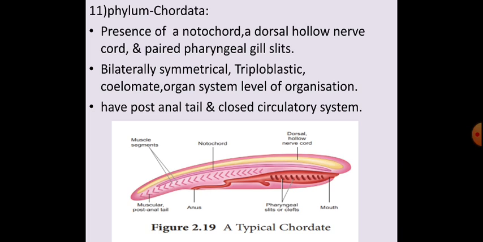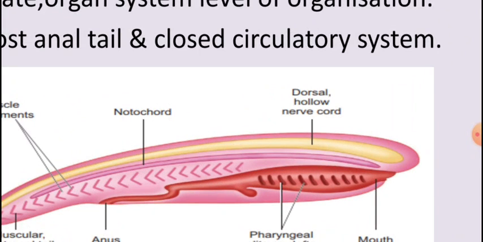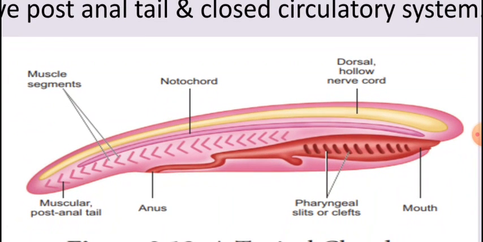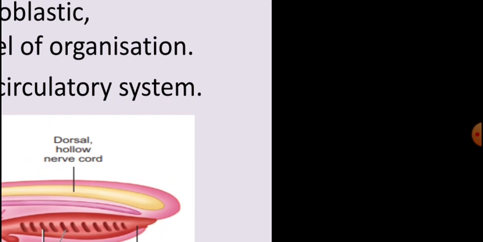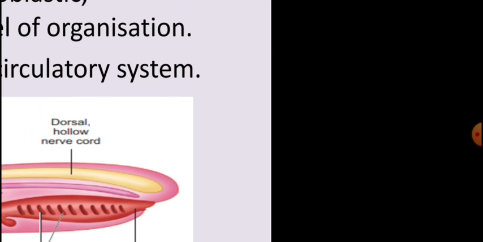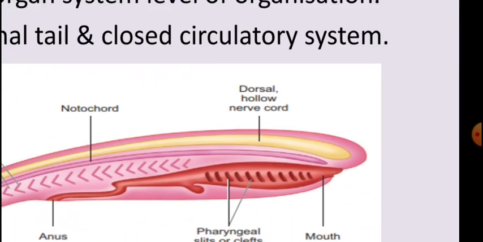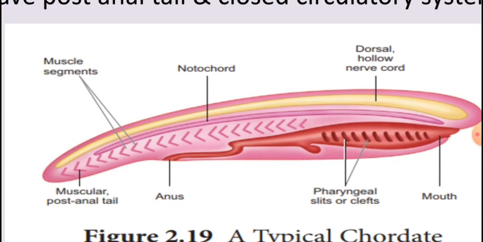So phylum Chordata consists of all highly developed animals, because they have a cord-like structure called the notochord. You can see here the dorsal hollow nerve cord and the notochord.